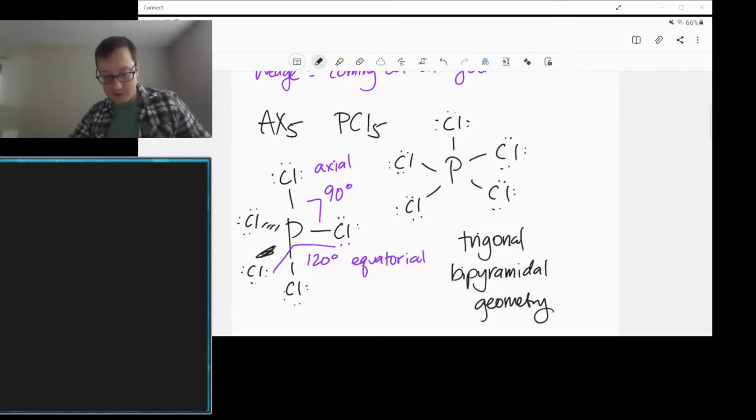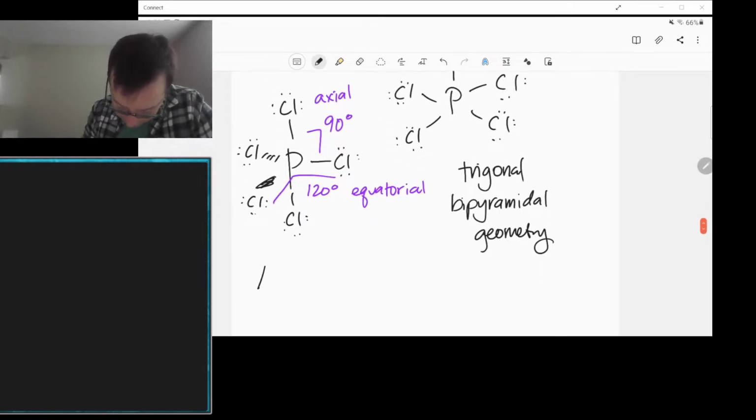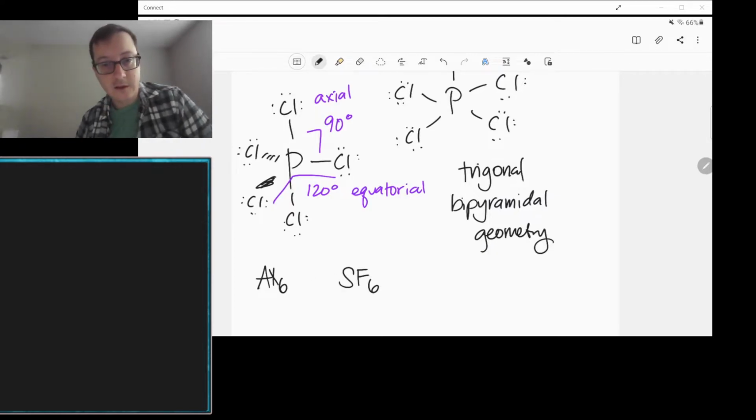We have one more to talk about, which is very similar. AX6 would be something like sulfur hexafluoride. Go ahead and do its Lewis structure.